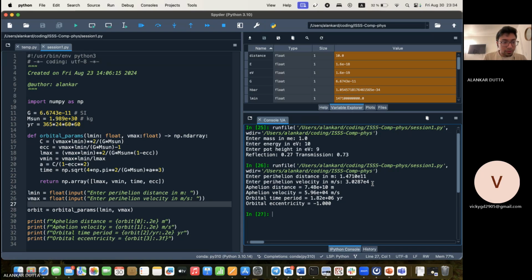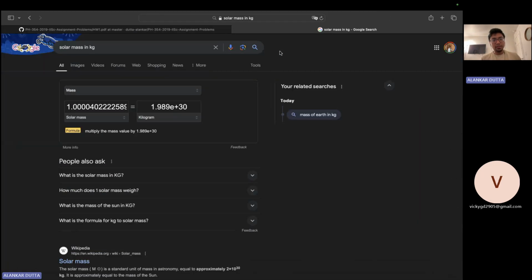So Vmax times L min by G times M sun. Okay, so let me check the formulas, which is just a problem with some formulas which I have most likely entered wrong.